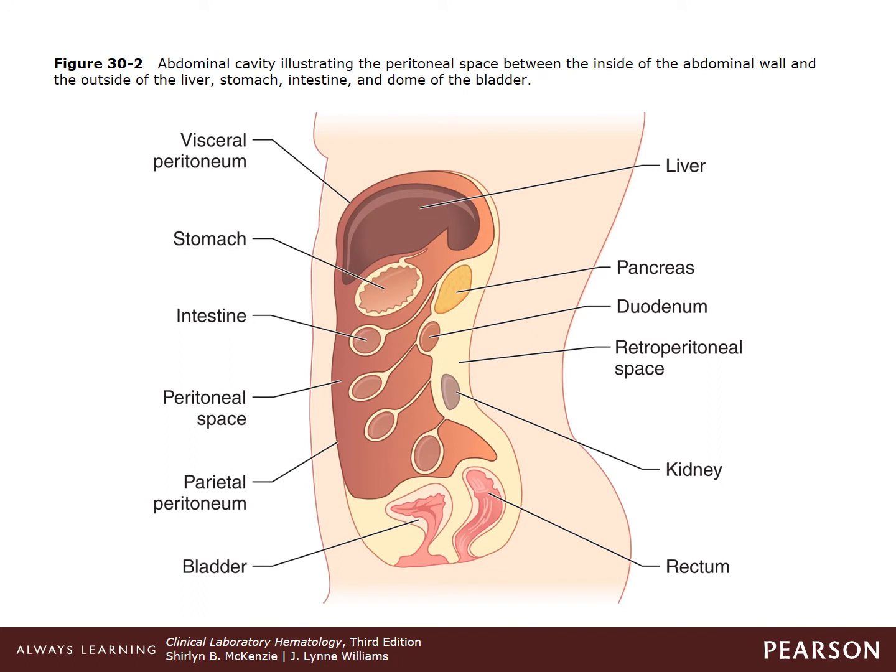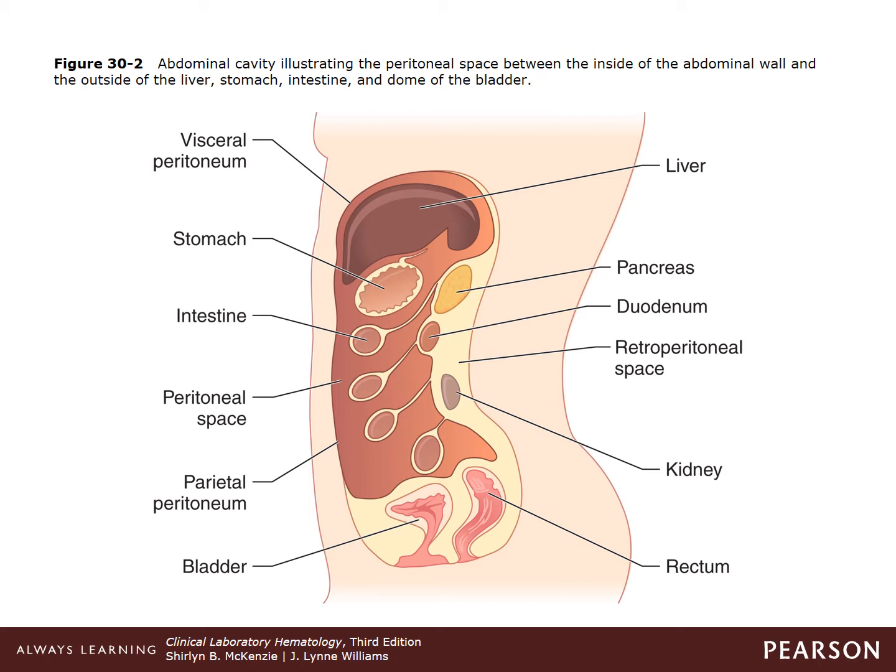Now here is a picture of the abdominal cavity that is illustrated by the peritoneal space. This is between the inside of the abdominal wall and the outside of the liver, stomach, intestine, and the dome of the bladder. Now here, these serous types of fluid are similar in structure and function.